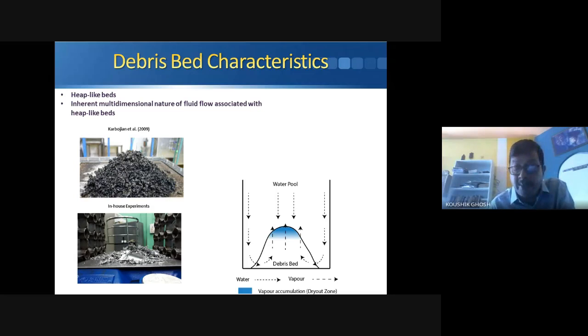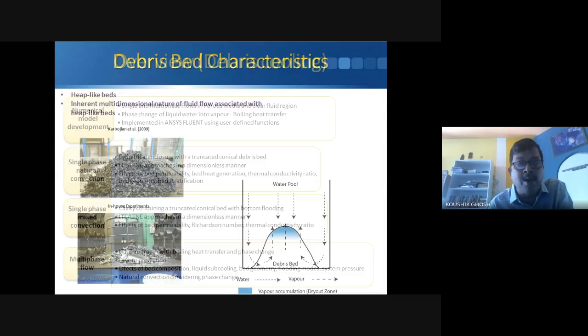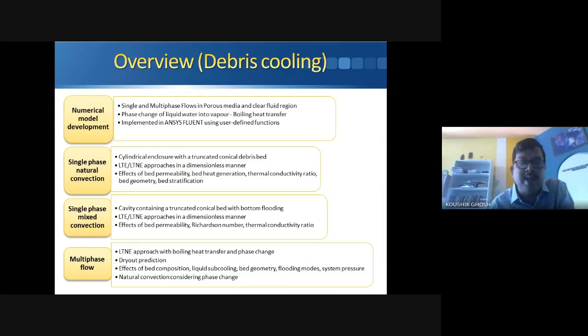These UDFs are the very clever work of Dr. Arannok Chakraborty, who implemented all the complex closure relations and UDFs in the Fluent platform, which is not an easy task. Then there is the phase change of liquid water into vapor, this boiling heat transfer, which is a very challenging thing. He implemented it in ANSYS Fluent, successfully validated it with the experiments, and came up with important results.